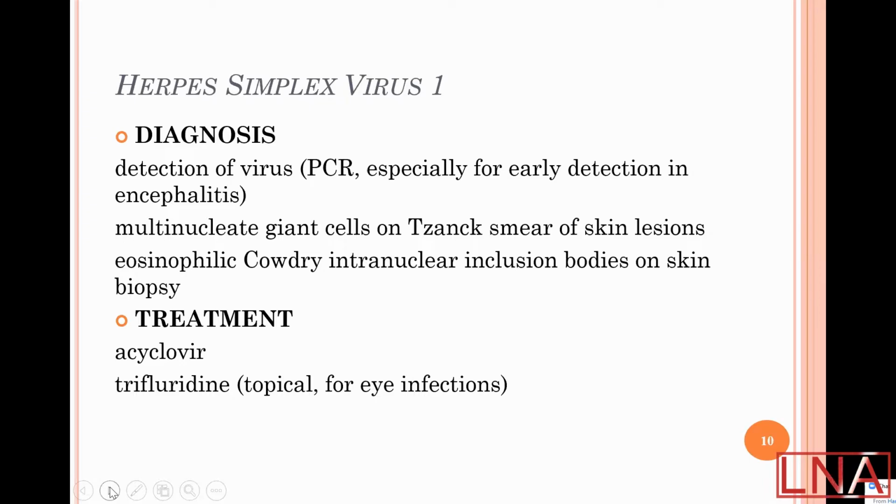So for treatment, primarily we use acyclovir or trifluridine, typically topical for eye infections. Acyclovir penetrates inside the lesion and stops the virus replication. Moreover, it stops spreading because it covers the lesion, and the lesion itches less.